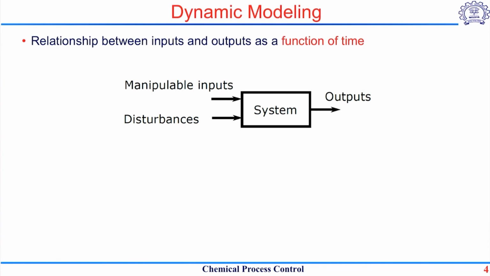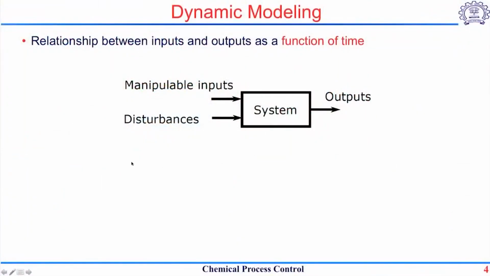So, when we talk about a feed forward control strategy, in that case the dynamic model between disturbance and the output will help you predict what is the effect of disturbance on the output, and similarly the dynamic model between manipulated input and output, or the inverse of that, would help us to identify how the manipulated input should change so that I can negate the effect of disturbance on the output.